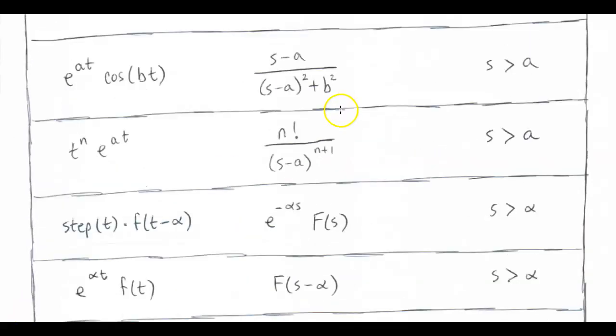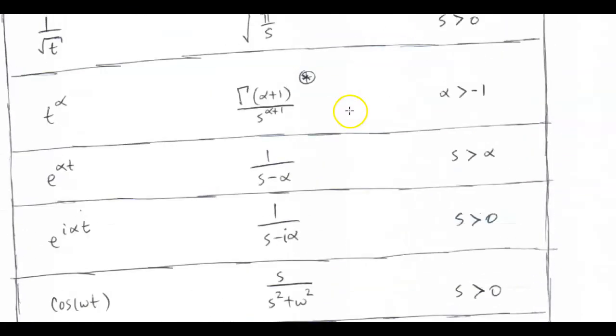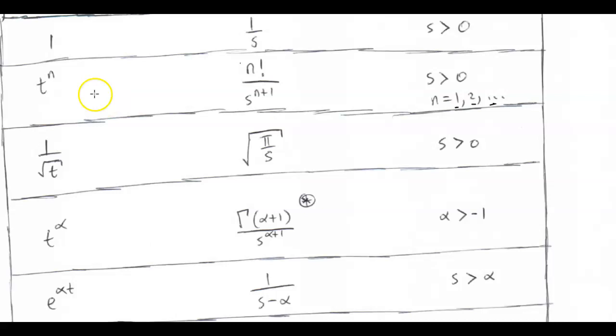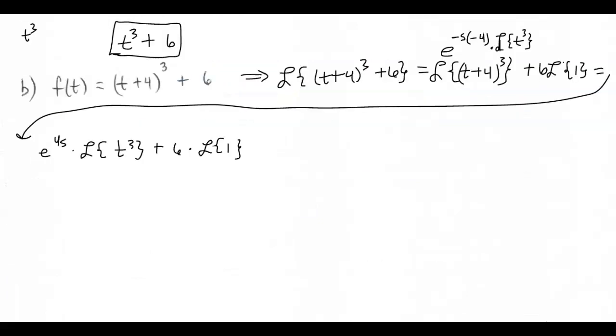So if we look back at our table, we'll see that the Laplace transform of t raised to a positive integer n is just going to be n factorial divided by s raised to the n plus 1. So in this case, this will just be 2 factorial divided by s raised to the, sorry, that should be 3.